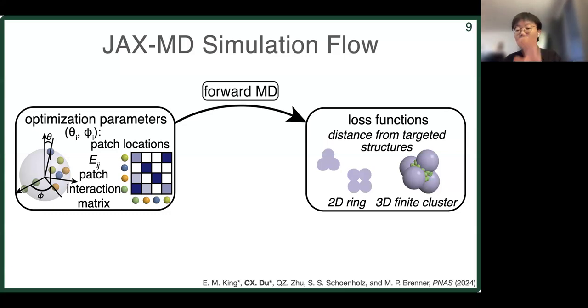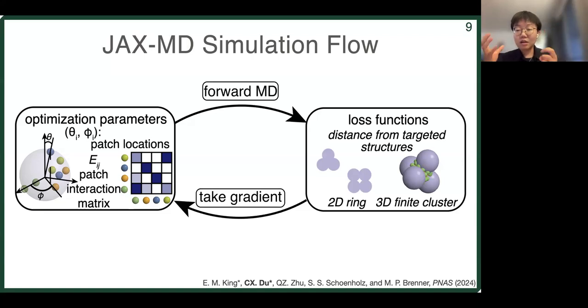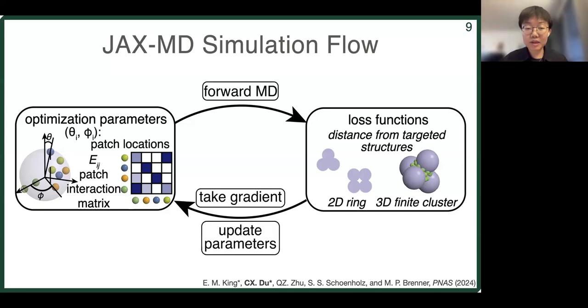Then we design a loss function that measures our final structures to see how close or far away we are from our goal. Then we take gradients of this loss function with respect to the parameters we're optimizing, here the binding energy and the location of the patches. Then we update the parameters and keep going in this loop until it converges.